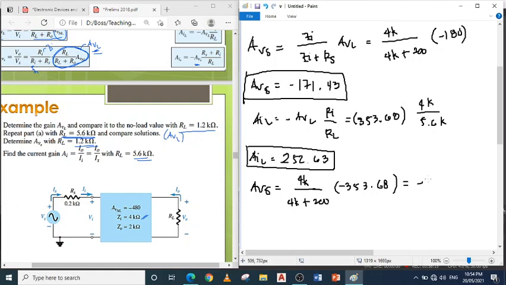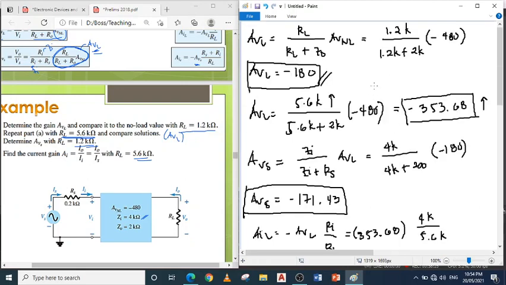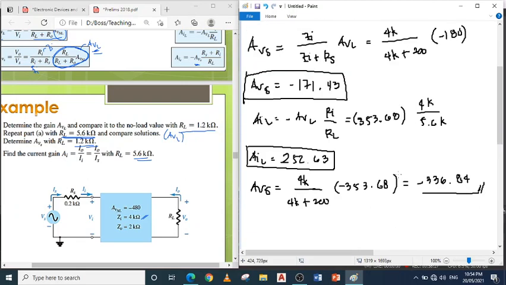Negative 336.84. So, ito yung AVS natin if yung RL ay 5.6. Okay? And for AIS, we have negative. So, ito ba? Negative AVS. So, pero negative na dati yun. So, positive. Diba?